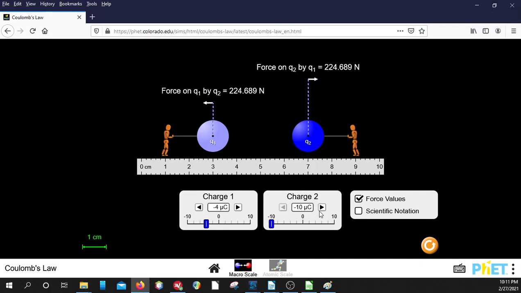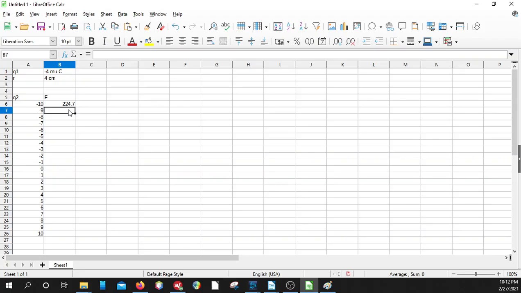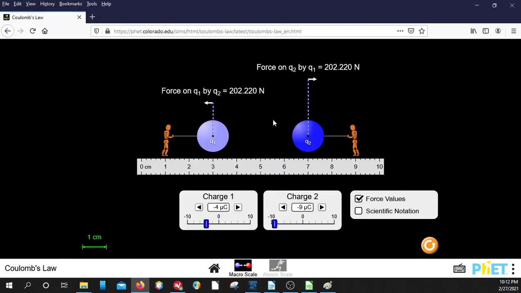Then we'll just click this arrow to change it to minus 9 microcoulombs. That would be 202.2. And we can do that. All it takes is a click.